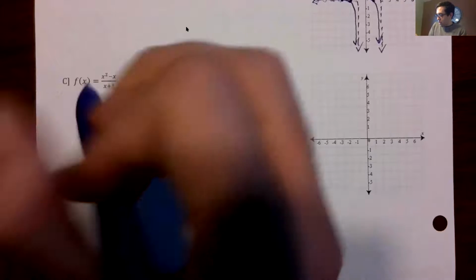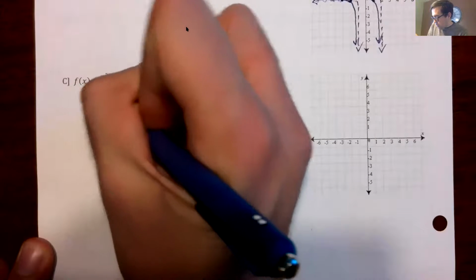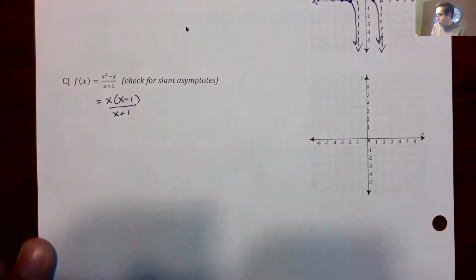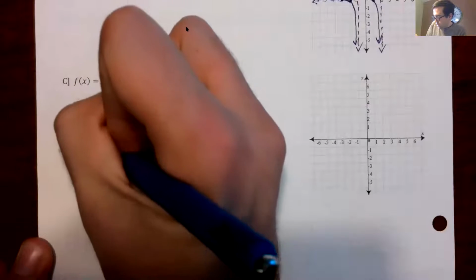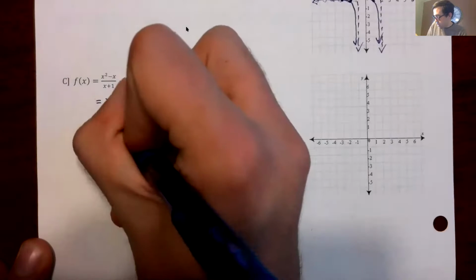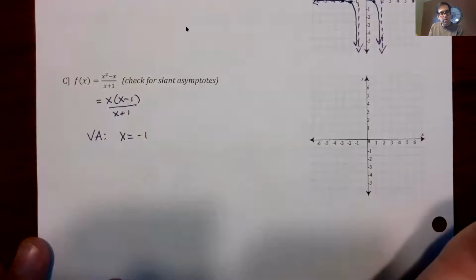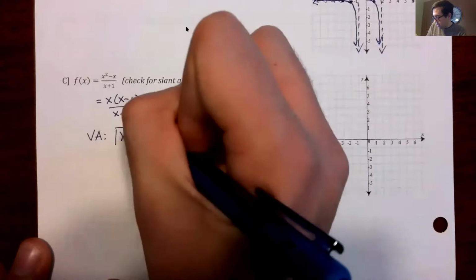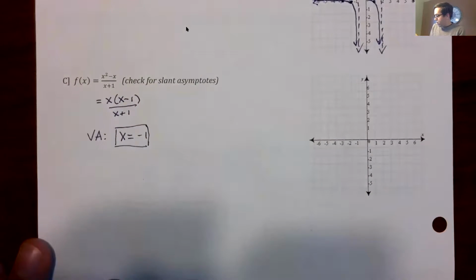For letter C, if we factor, we'll end up with x times x minus 1 on top and x plus 1 on the bottom. So for vertical asymptotes, we check when the denominator equals 0. That's x equals -1. The numerator does not become 0 when we plug that in, so we're all good there.